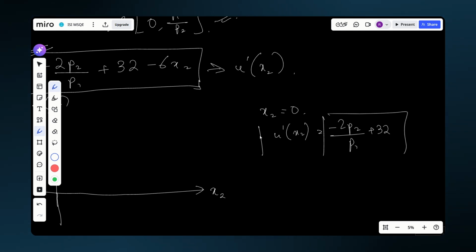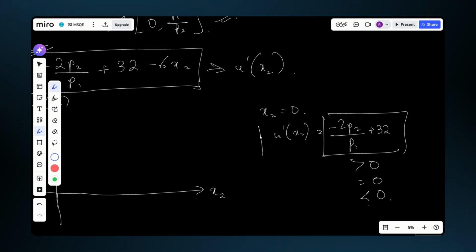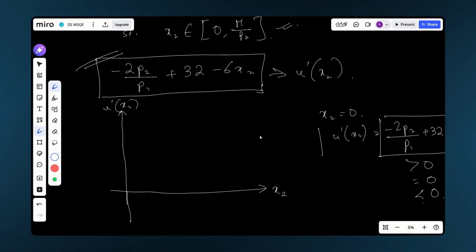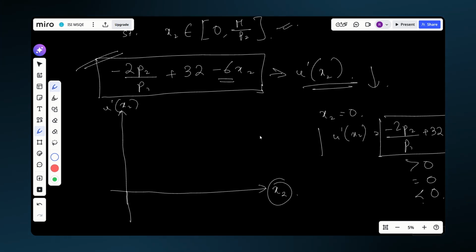Now this value can be positive, it can be equal to 0, or it can be strictly less than 0, depending on the values of p1 and p2. Our slope of u dash is negative, because the coefficient of x2 is minus 6. So if I increase x2, u dash x2 will go down, so it will be downward sloping.